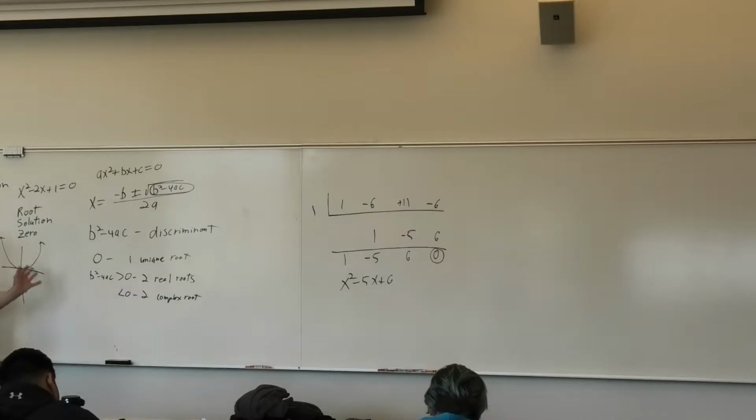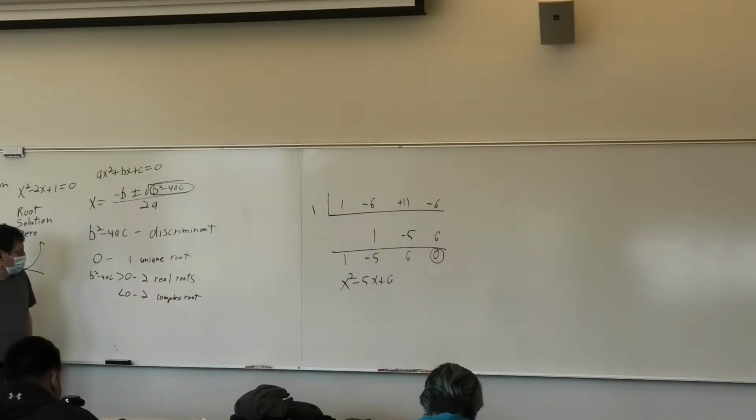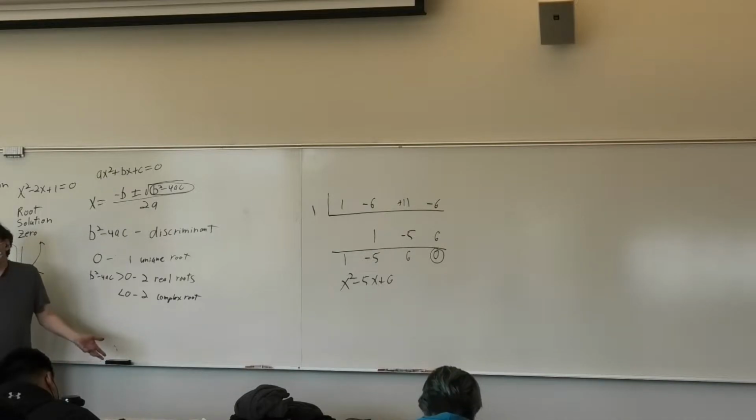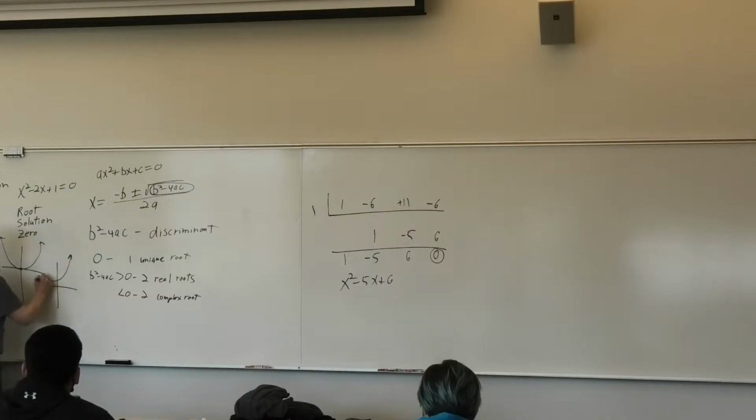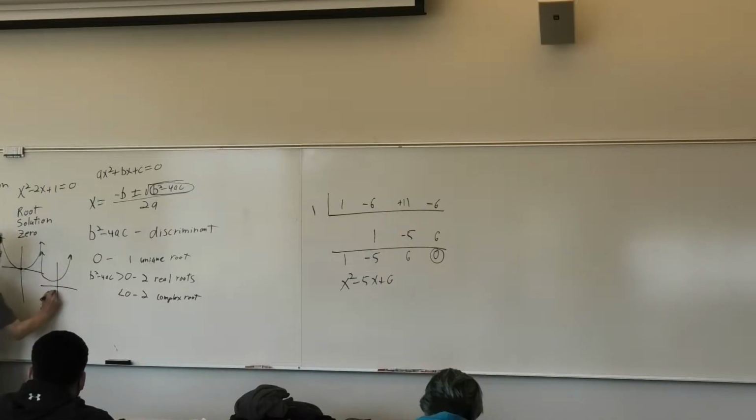In calculus, we're mostly dealing with real numbers. So, you can think of this as no roots, I guess. This is what happens if your parabola is below the x-axis and you don't cross the axis, and so you don't get any roots.